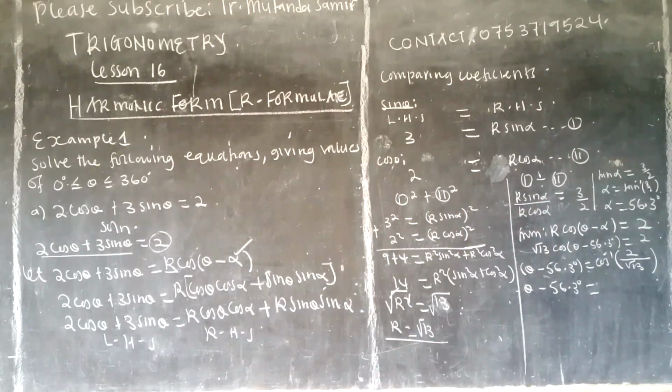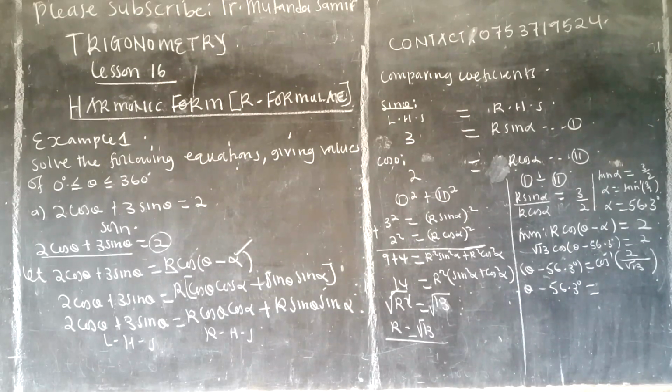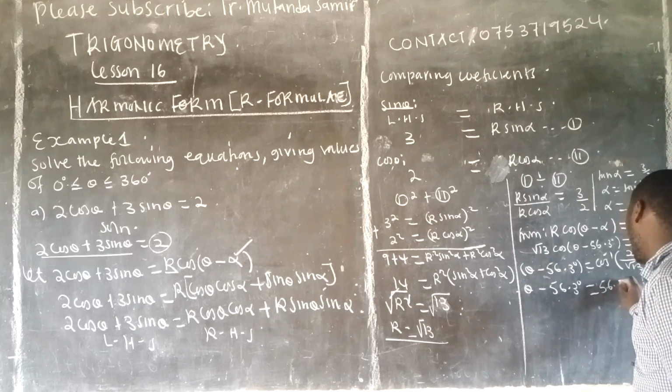So let's try to get that. 2 divided by root 13. Now we get the cos inverse of that answer, and it is also 56.3 degrees. Imagine.